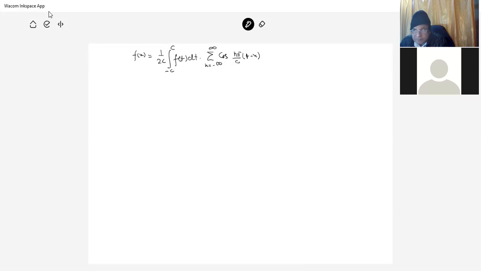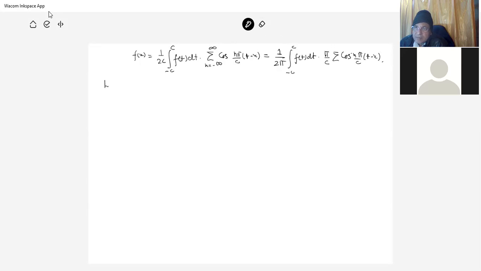Now again, if we take this as 1 upon 2 pi, so what will happen? 1 upon 2 pi of this integral from minus c to c of f of t dt, and here it is c, so this pi by c summation cos(n pi by c (t minus x)).